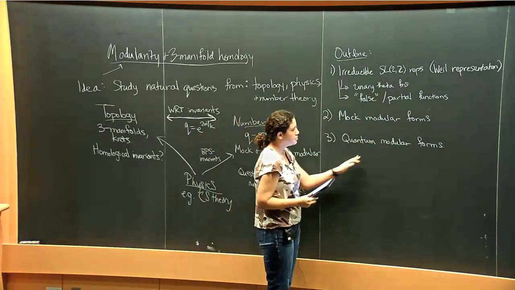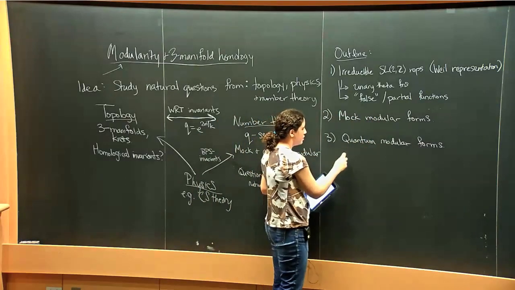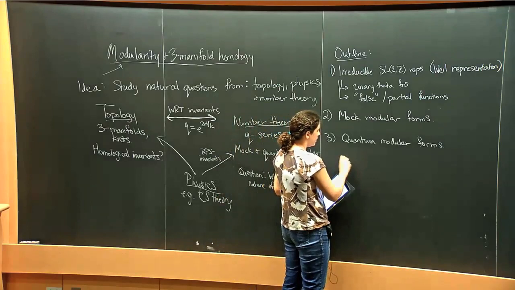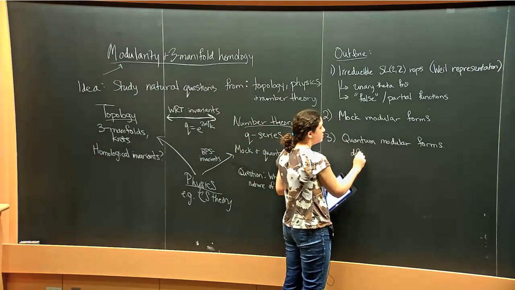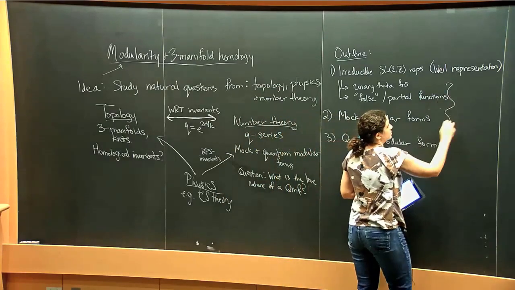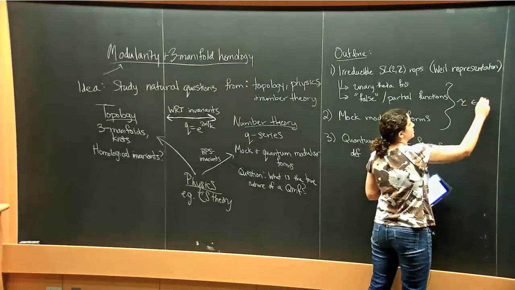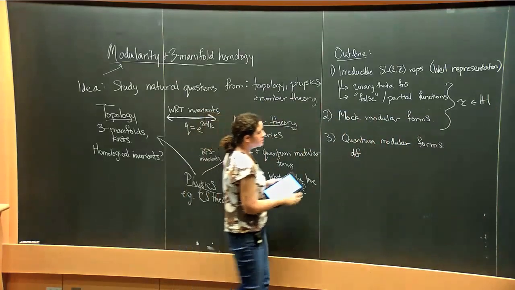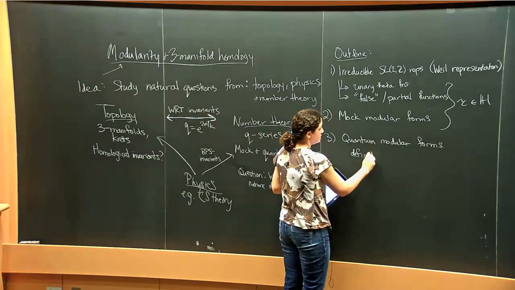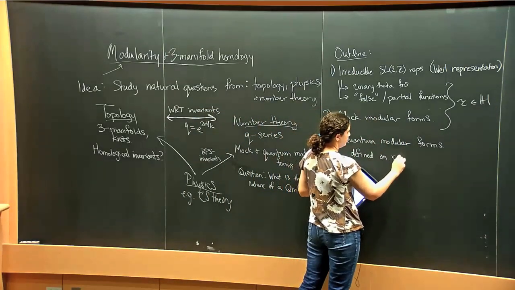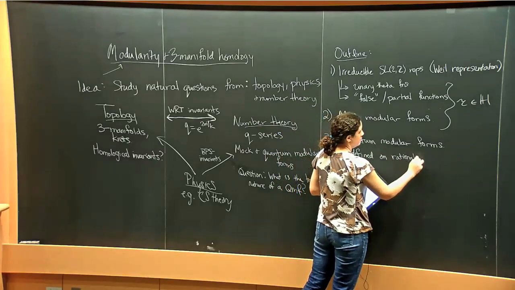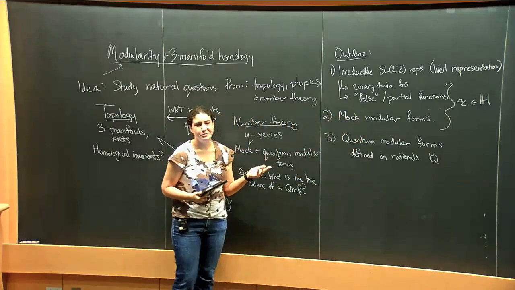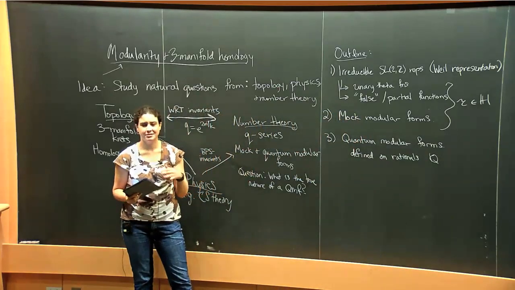In their most exotic case, they can be very strange, because these things are naturally defined for a complex number tau which lives in the upper half plane, but these are only defined on rational numbers. There are examples of these that don't converge in any open set of C anywhere.